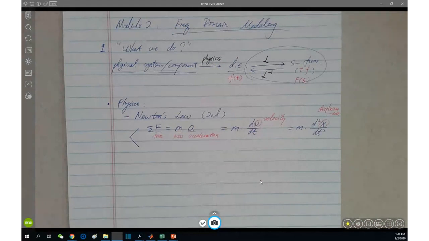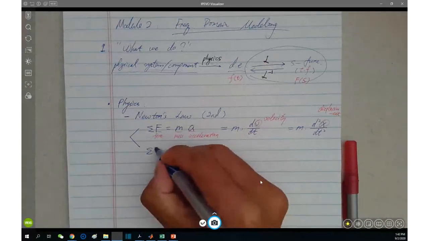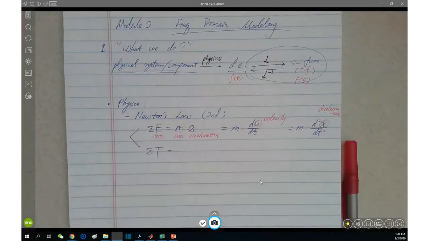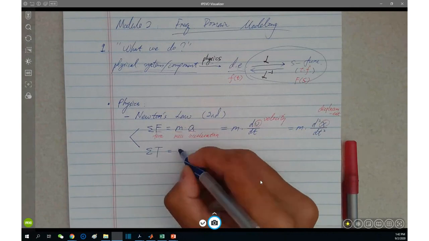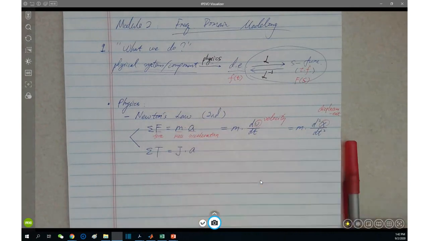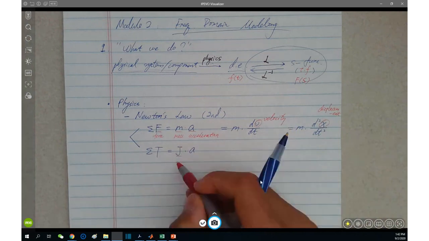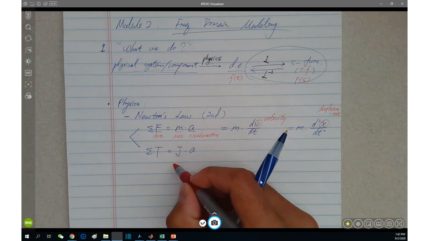This is one version, as I said. The second version is not net force, but net torque. It's not mass anymore, it's J times acceleration. Who is J, by the way? Anyone know? It's the inertia.